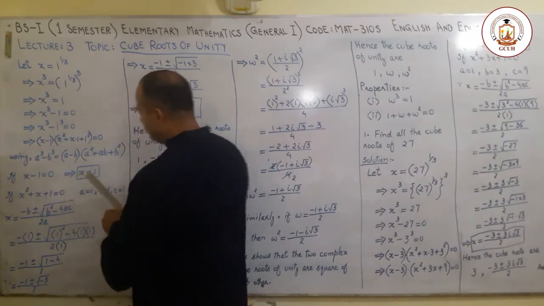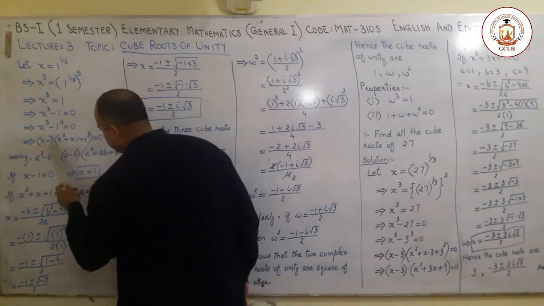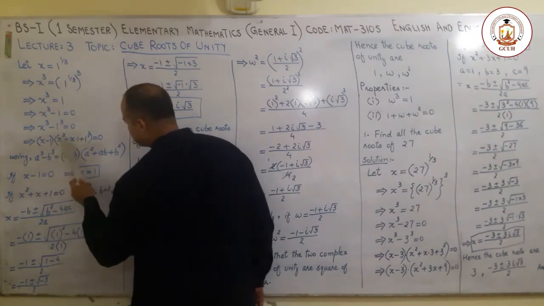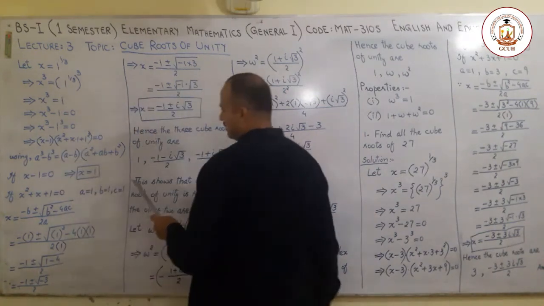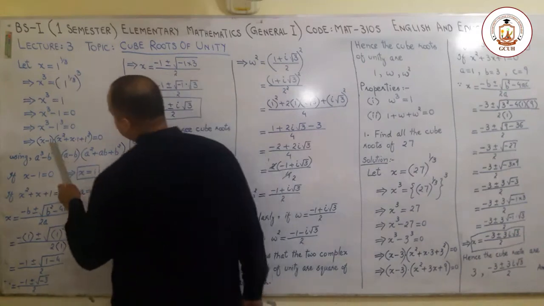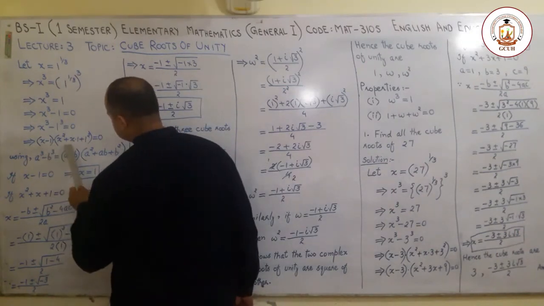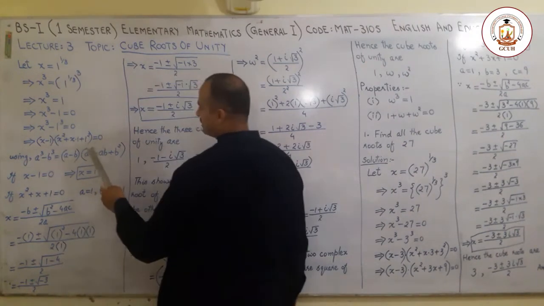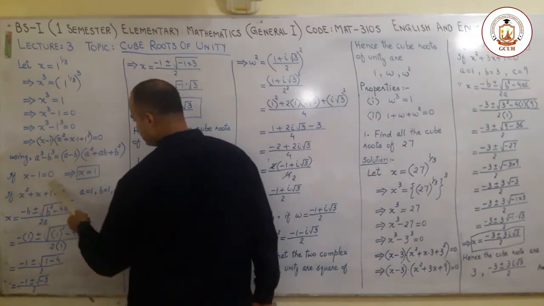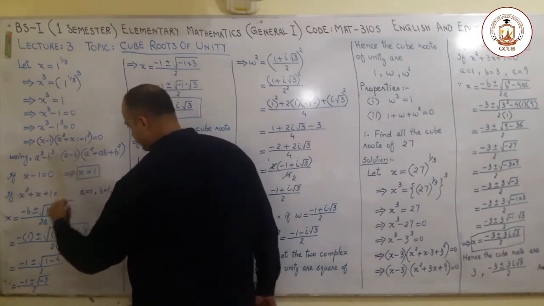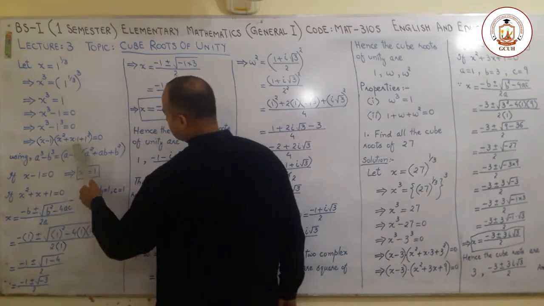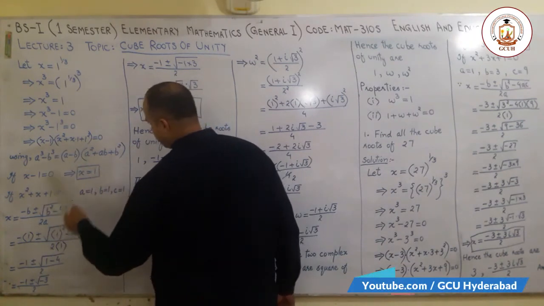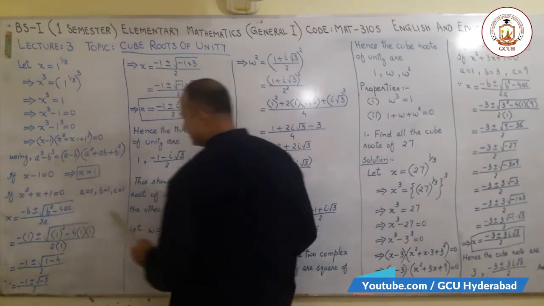So we have x minus 1 into x square plus x into 1 plus 1 square. So here the product of two factors is equal to 0. So this means either the first factor is equal to 0 or the second factor is equal to 0. Here you may notice that x into 1 is again x and square of 1 is 1.